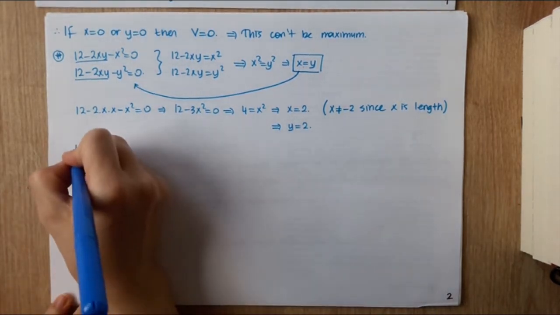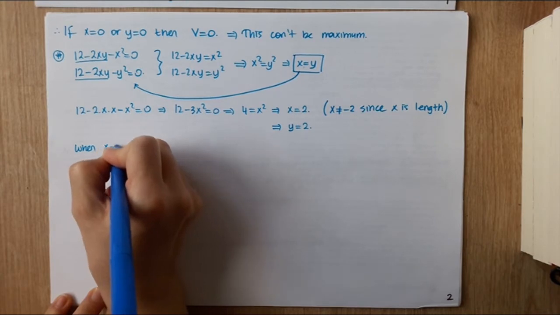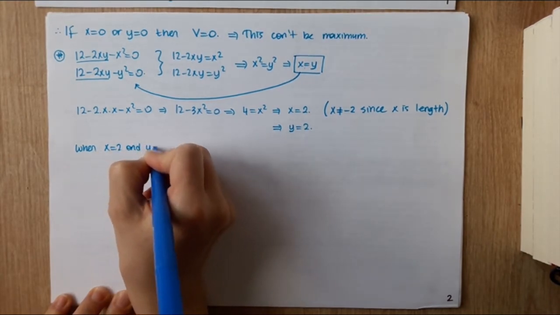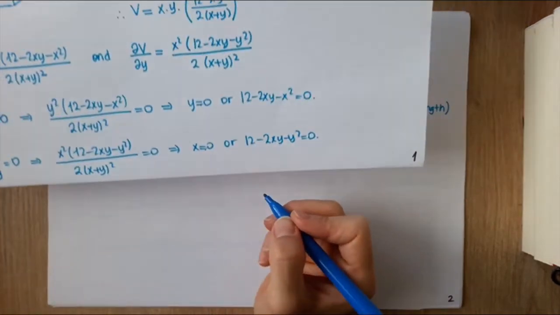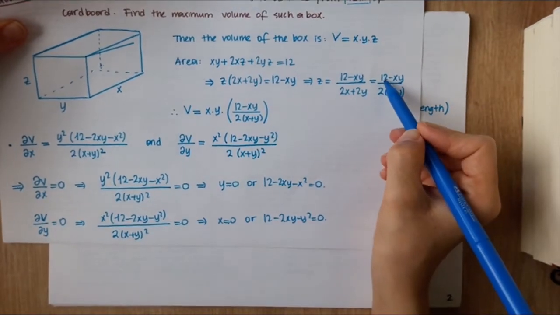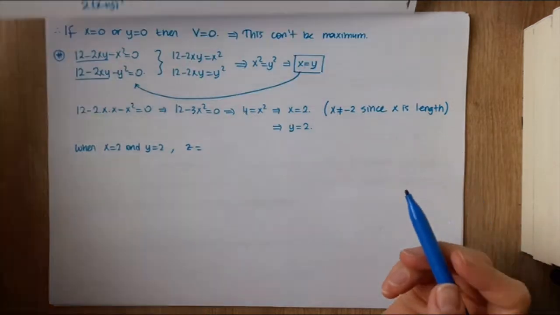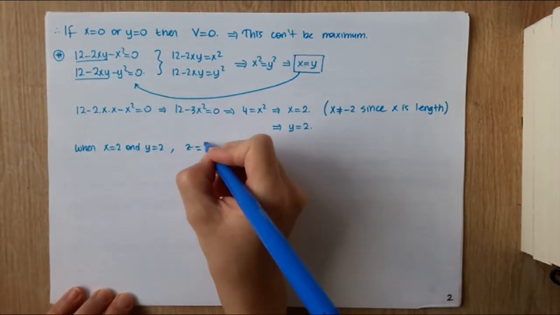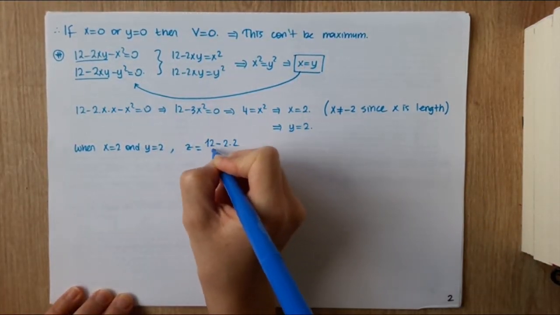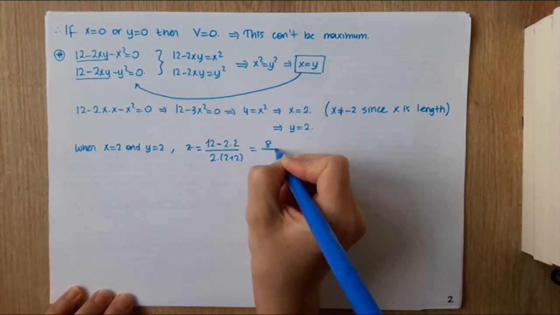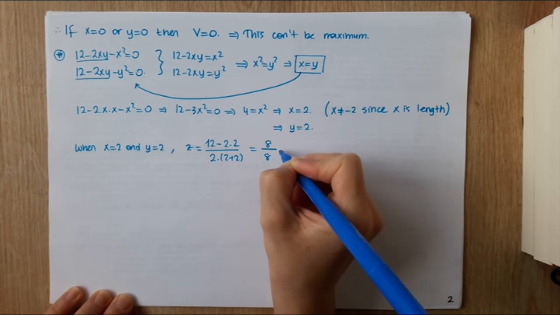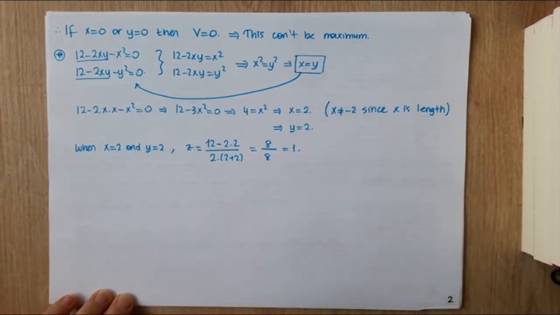So when x is 2 and y is 2, z will be equal to, we know the formula for z here, (12 minus xy) over (2x plus y). 12 minus 2 times 2 over 2 times 2 plus 2, which means I have 8 over 8 here, which is 1.